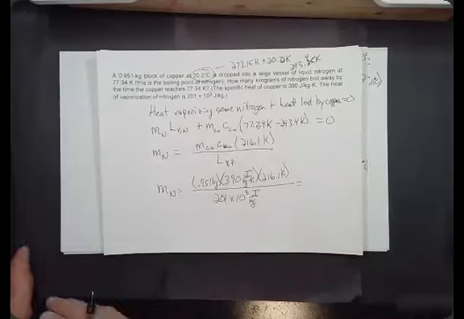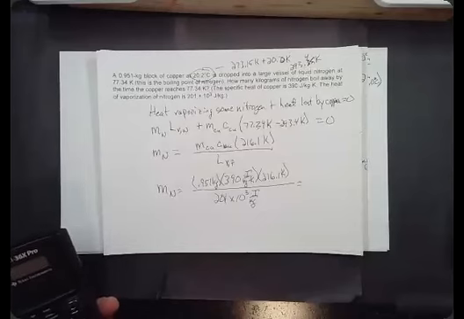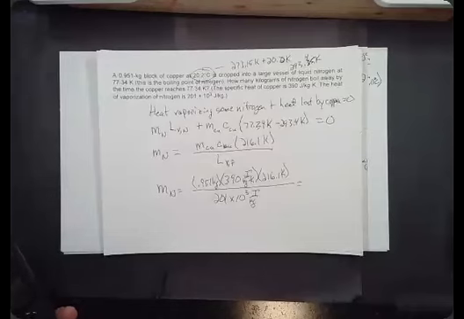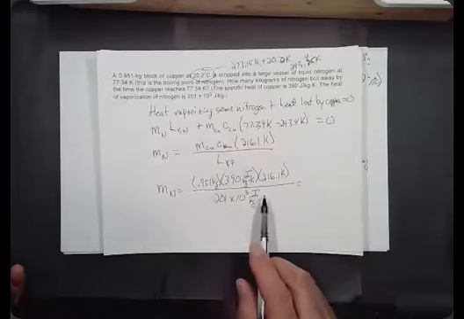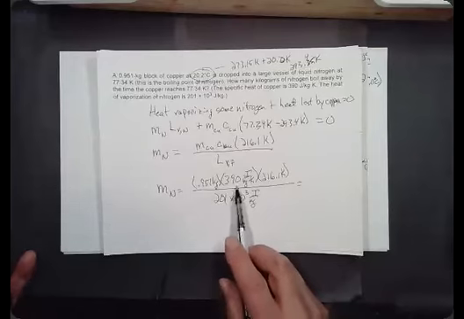So, all right, we'll stop with this problem. 0.951 times 390 times 216, and hopefully I put all these in right, divided by about 201 times 10 to the third.